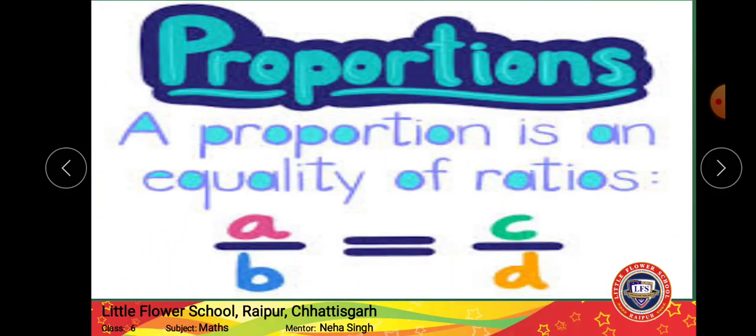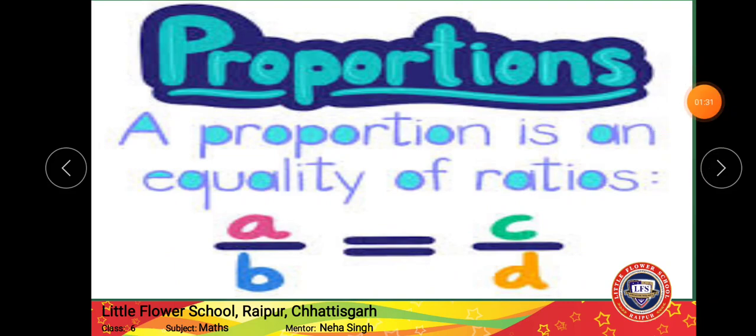Now when we come to proportion, what is proportion? It is the equality of ratios. Ratio and proportion, what is the difference? Ratio was the relationship expressed, right?